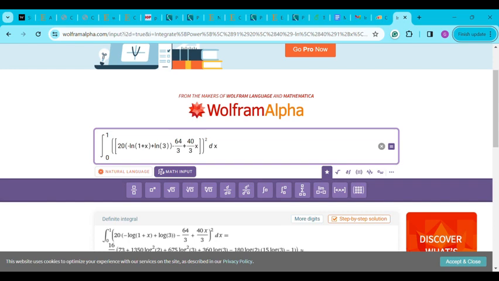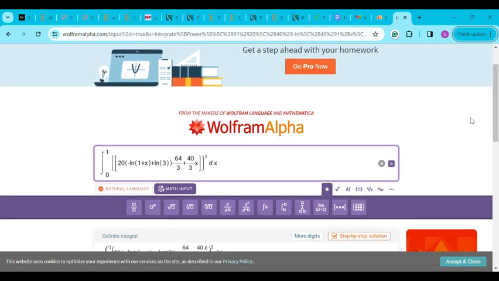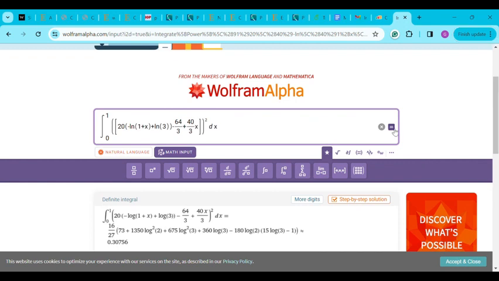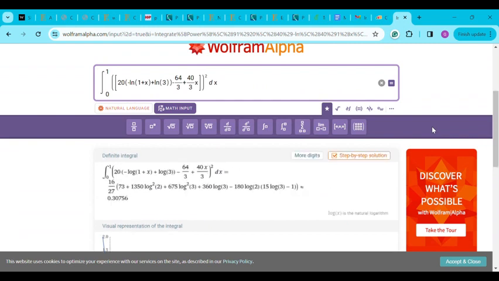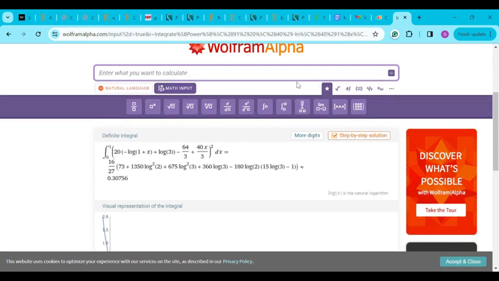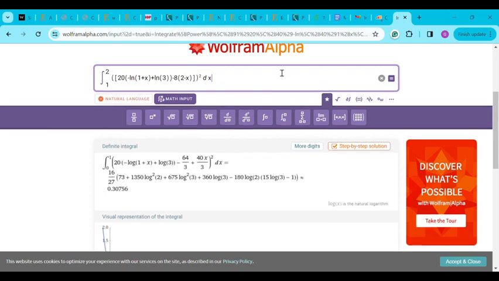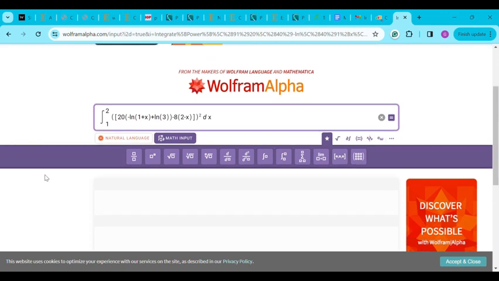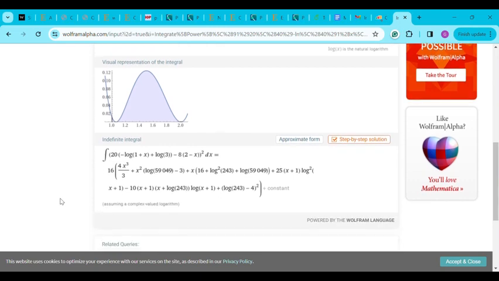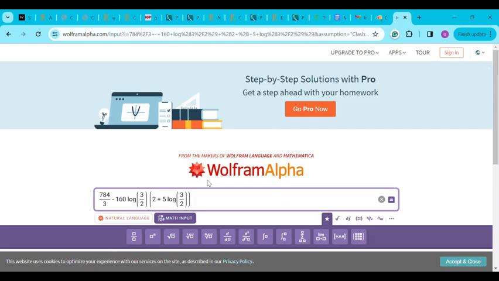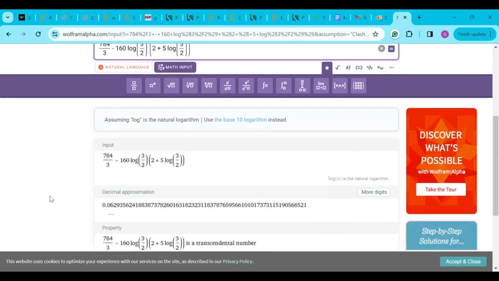Let us calculate the L2 error. This is the first expression of the L2 error, and the value of this is 0.037, and the second expression, this is the second part of the expression of L2 error, and it is 0.06.